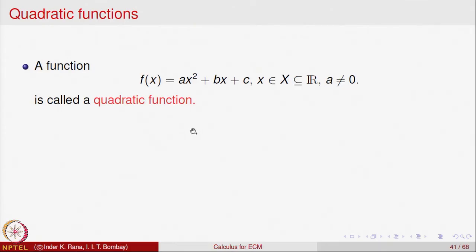A quadratic function f(x) equal to ax square plus bx plus c has three constants: a, which is the coefficient of the power 2, x square, b, the coefficient of the power 1, and c, the constant term. Of course, we are putting the condition that a is not equal to 0.